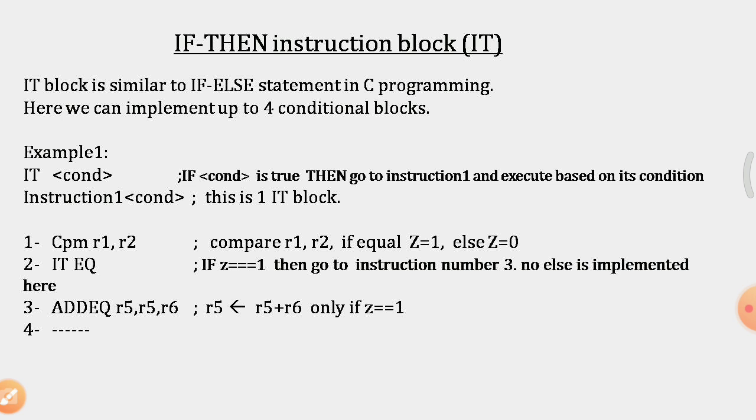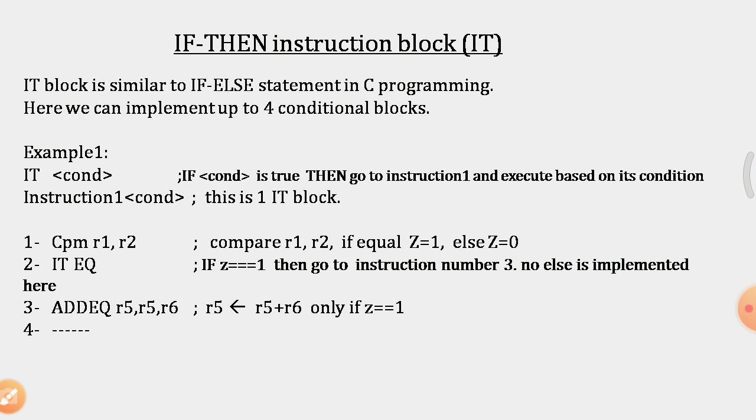We'll go through an example. In example 1, the first instruction is IT and then a condition. We know there are 15 condition codes that we can use. The second instruction is instruction 1, any instruction with the condition. In the IT condition instruction, I is if, T is then.